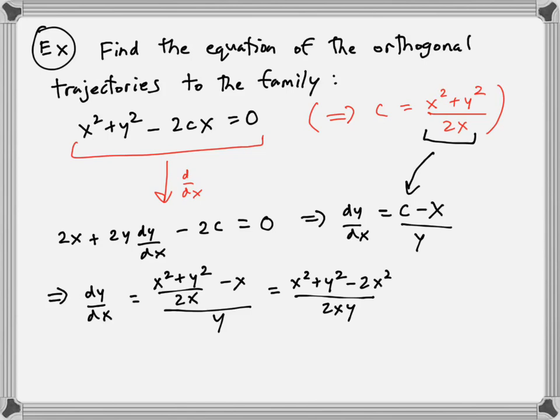Combine the like terms at the top, and we end up with y squared minus x squared over 2xy. So let me go to the next page and just write this in a new line. We have dy dx is equal to 2xy over x squared minus y squared.